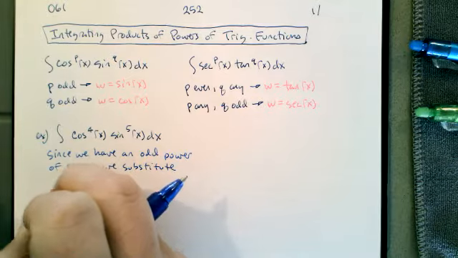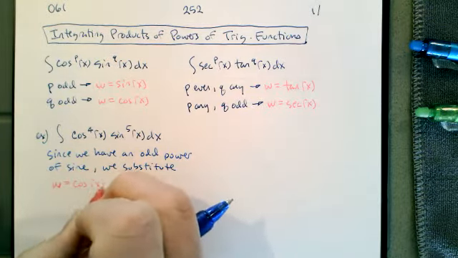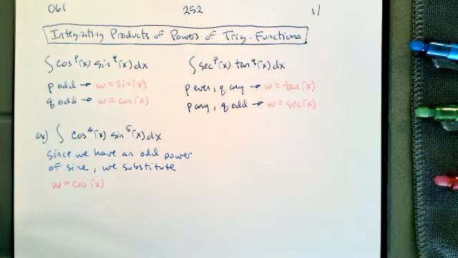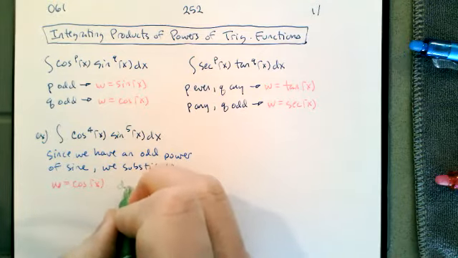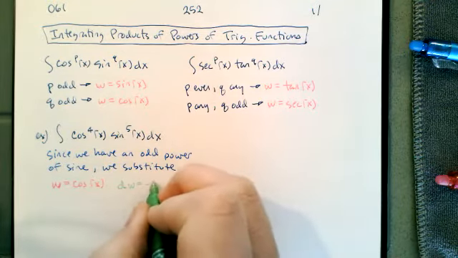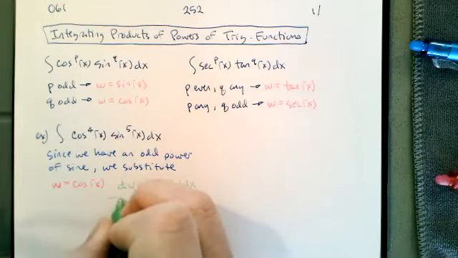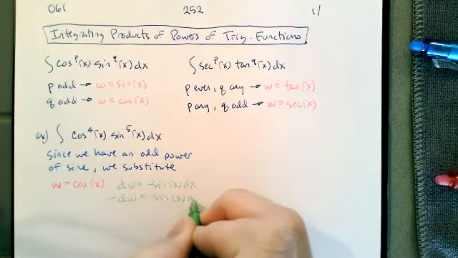So we're going to substitute w equals cosine x. Since w is going to be cosine x, dw will be negative sine x dx. And so minus dw is sine x dx.